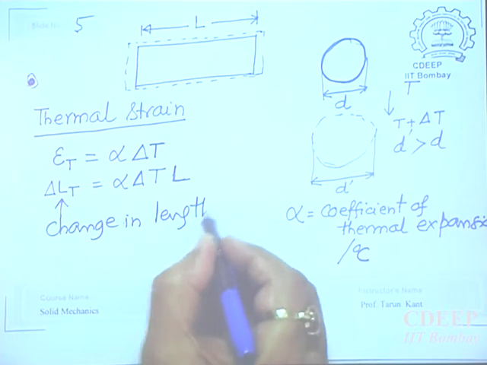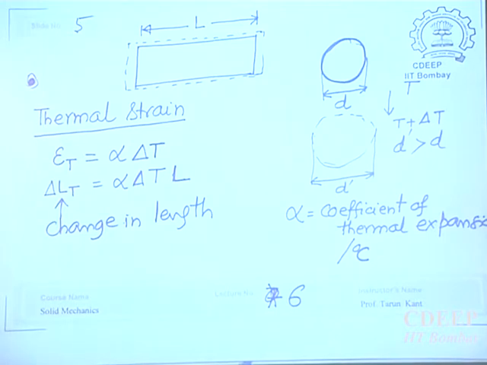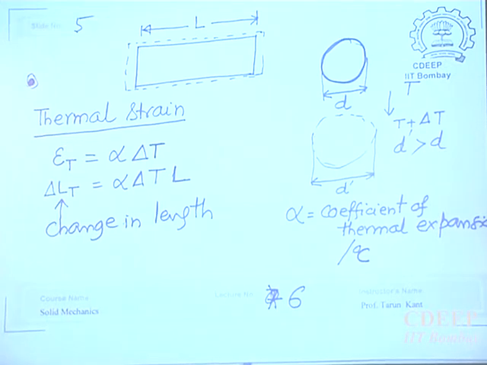Now if the body is free of any constraint, you have not put any restriction on the body against expansion or contraction, then it will expand freely. There won't be any stress produced in the body, there will be only pure strain under thermal condition.